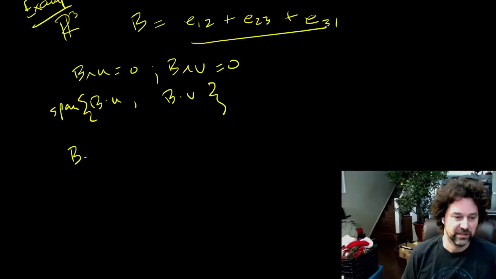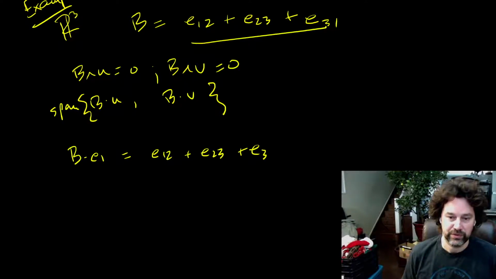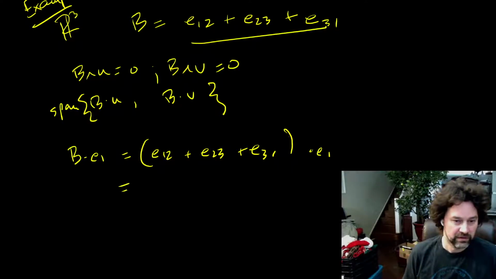So let's say b dot e1. So that will be e12 plus e23 plus e31 dotted with e1, and e12 dotted with e1 is minus e2, e23 dotted with e1 is 0, and e31 dotted with e1 is e3. So we're left with minus e2 plus e3.